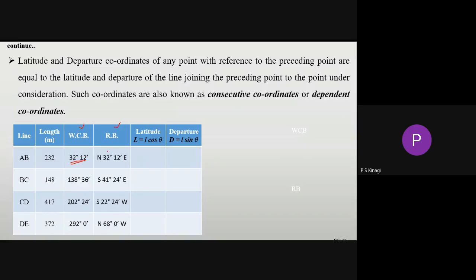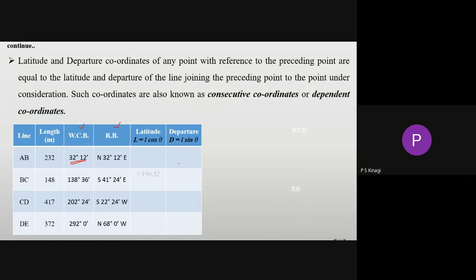But if you are using the theta value in terms of the quadrantal bearing system or reduced bearing system, then our calculator will show the value only. It will not show the plus or minus sign convention of the latitude and departure. By observing the position of the angle, you have to make the plus or minus sign of the latitude and departure value.